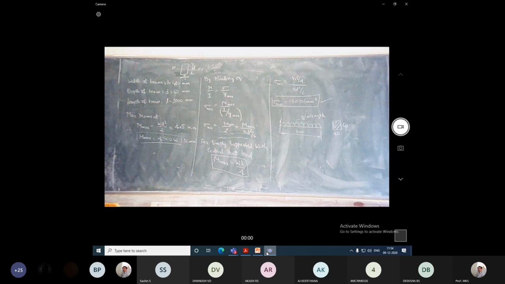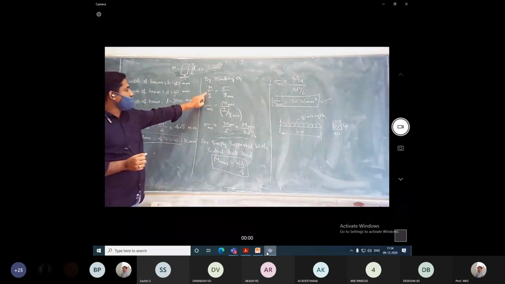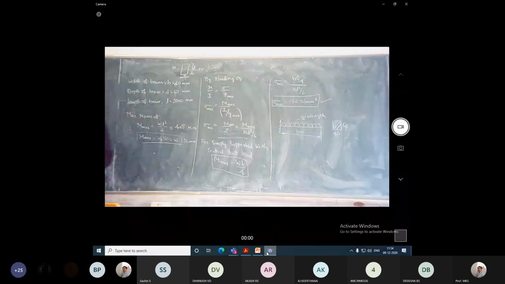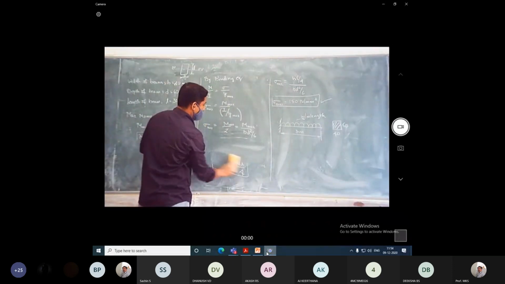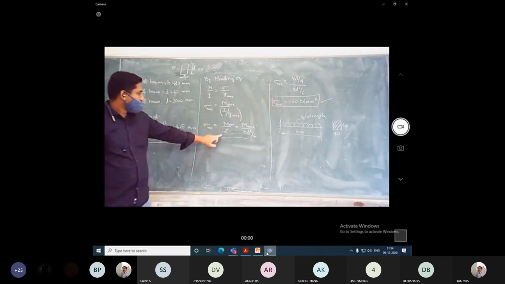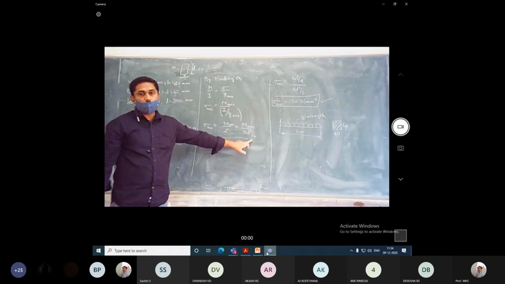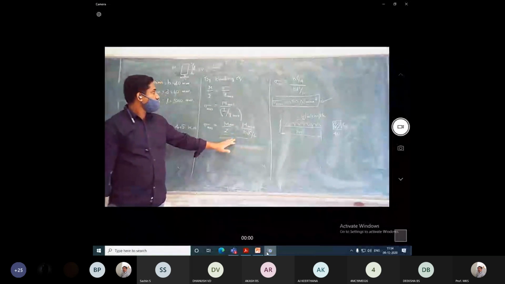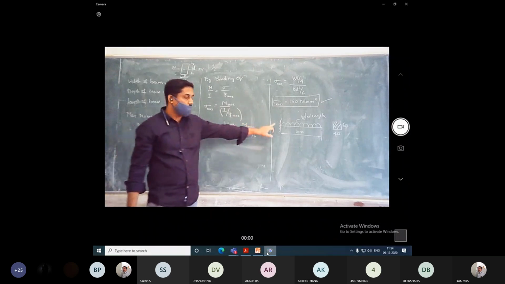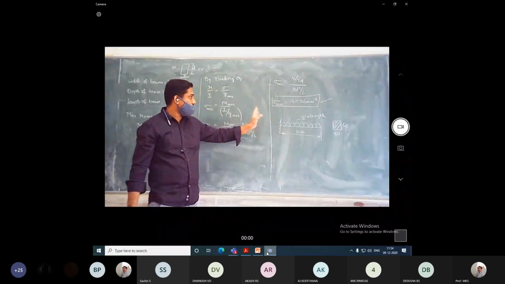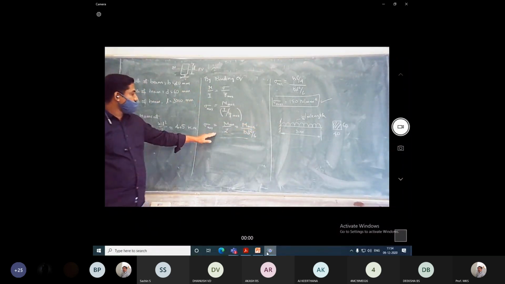So next, find out, same equation: sigma maximum is equal to M maximum by bd square by 6. It does not change. The moment equations, substitute here.